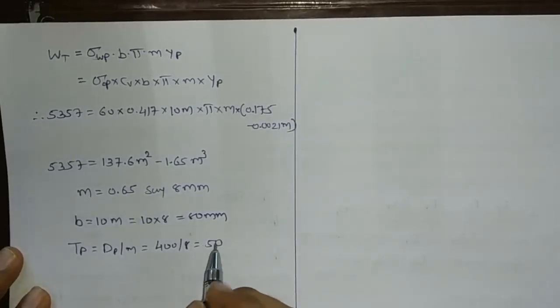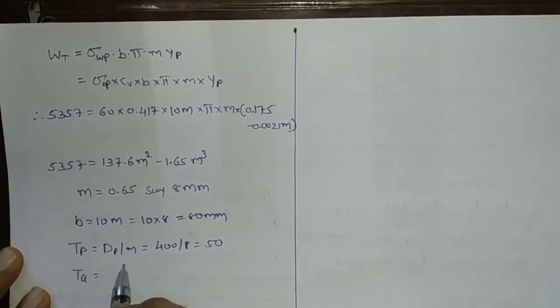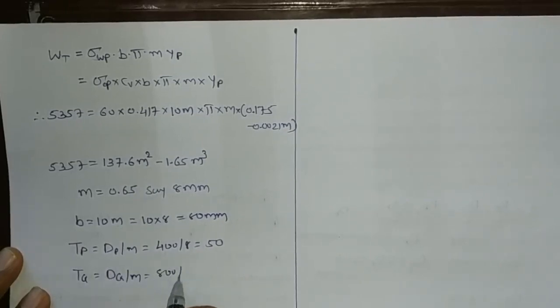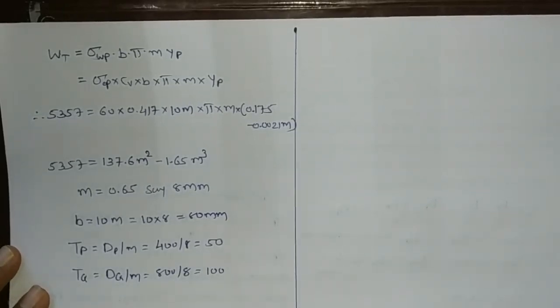Number of teeth on pinion is equal to 50. Number of teeth on gear, TG is equal to dG by m, and dG is 800 by 8, so 100. Number of teeth on gear is equal to 100.